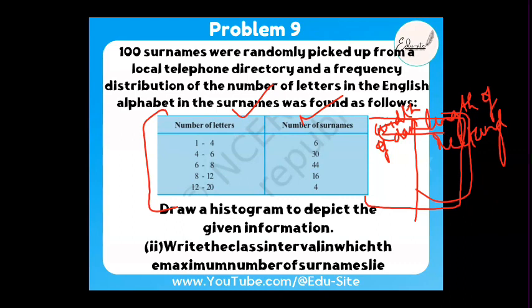Okay, are you done? Just tell me the width. What width did you write? 3, excellent. 2, 2, 4, 8. Yes, mashallah. Next, what are you going to write? Length of the rectangles, right? How will you find the length of the rectangles? Please tell me the formula.